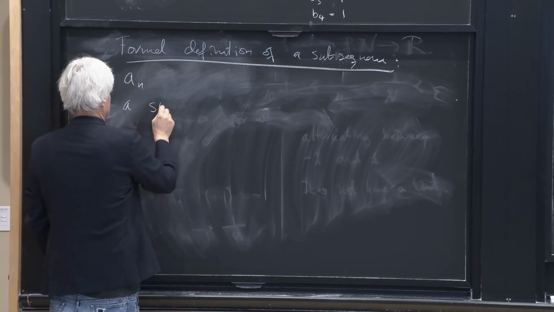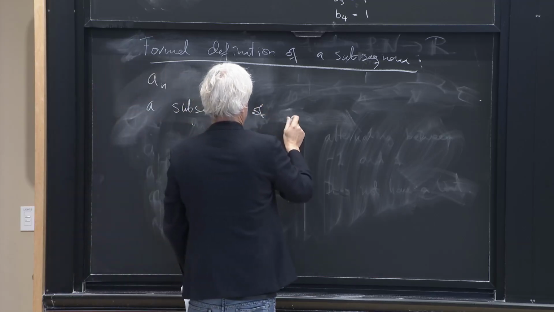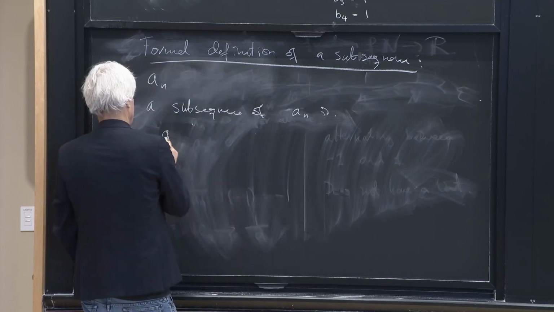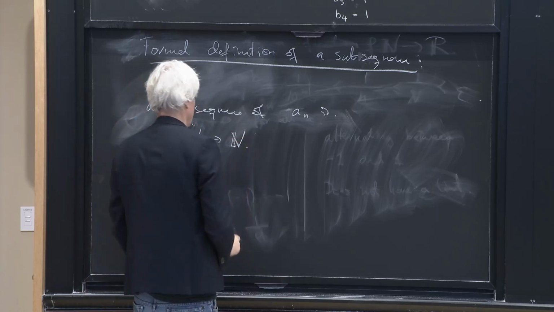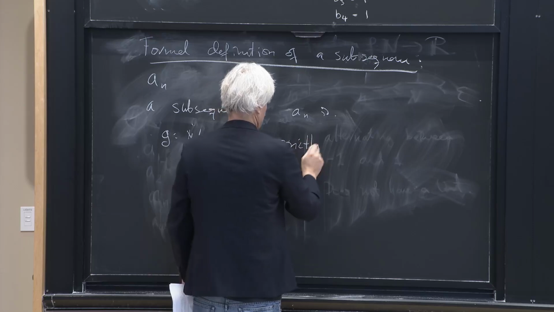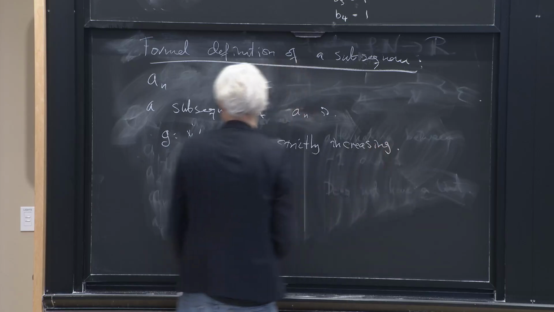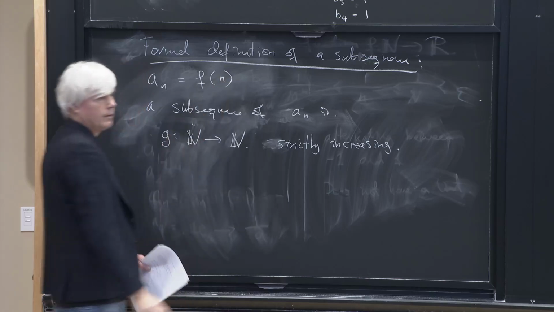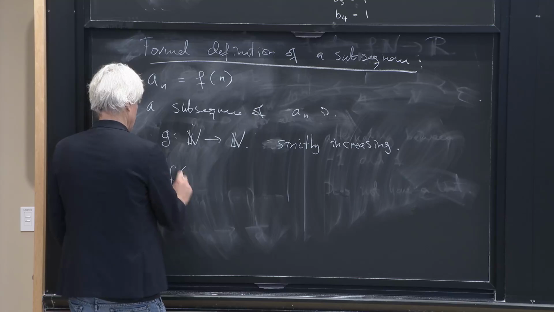A subsequence of an is where you have a map G from n into n. This is an increasing map. This is strictly increasing. And if you think about the sequence as a function f, then you can think about the composition of these two functions.